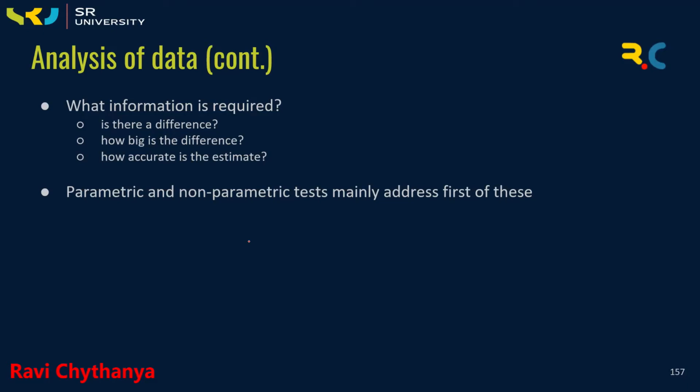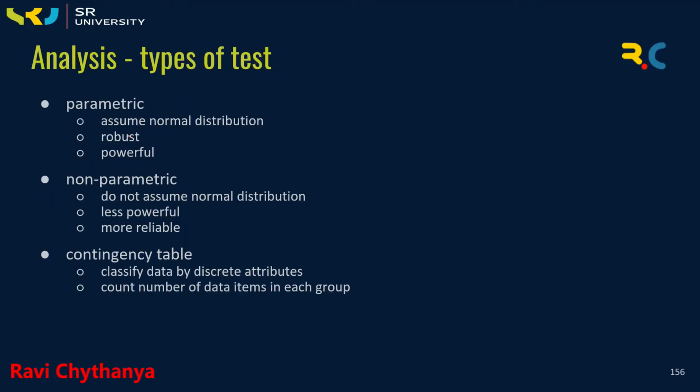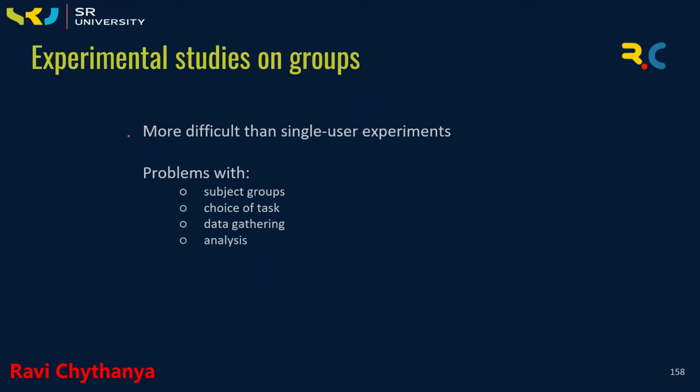And the parametric and non-parametric tests mainly address the first of these, the difference between the estimated and original data. And experimental studies on groups are more difficult than single user experiments. And the problems are with the subject groups, choice of task, data gathering, and analysis.